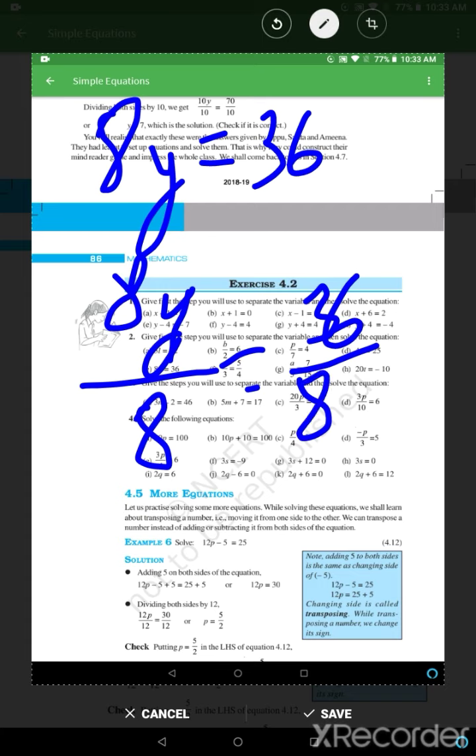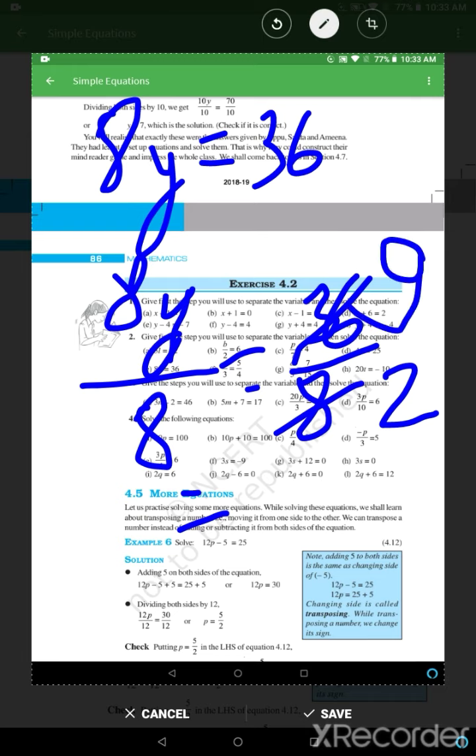Here 36 divided by 8 will be like this: 4 twos are 8 and 4 nines are 36. So 9 upon 2, the value of y will be 9 upon 2.